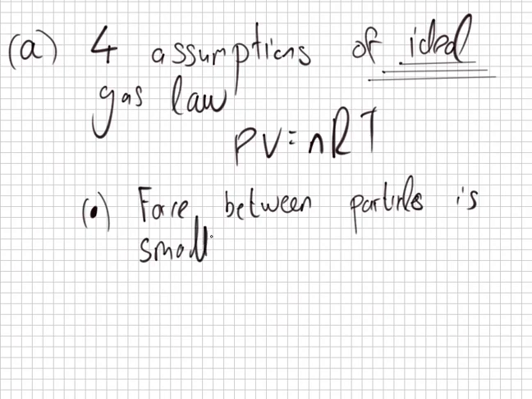I mean, that the particles don't really interact so much. The second thing is that the ideal gas law really works well when the density is small, but it doesn't work so well when the density becomes really large. In fact, it doesn't work at all when it's not a gas, when it becomes a solid or a liquid or something like this. So you need the density to be small.